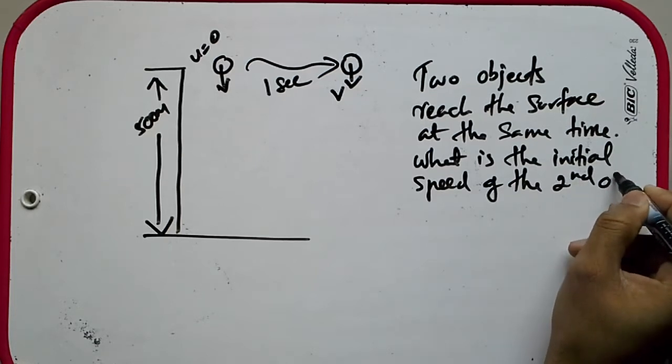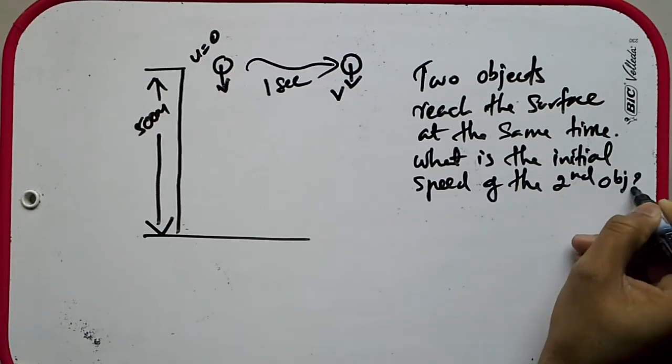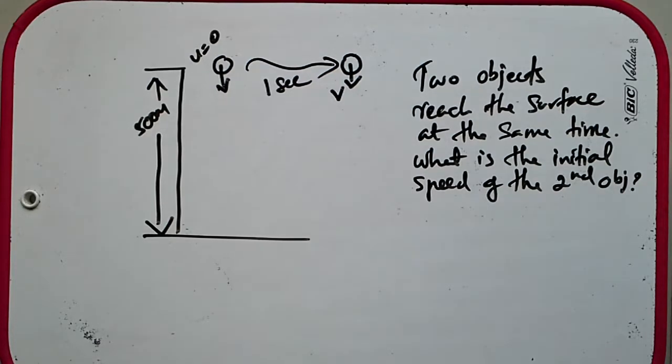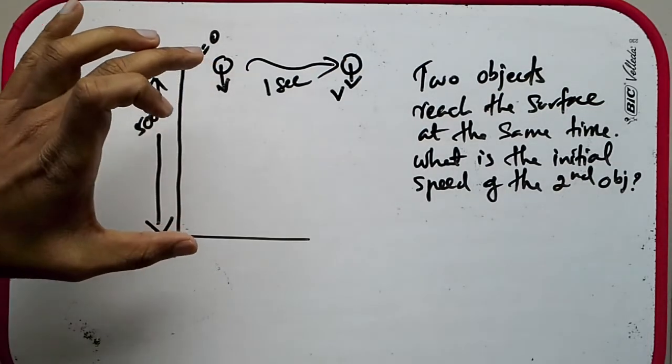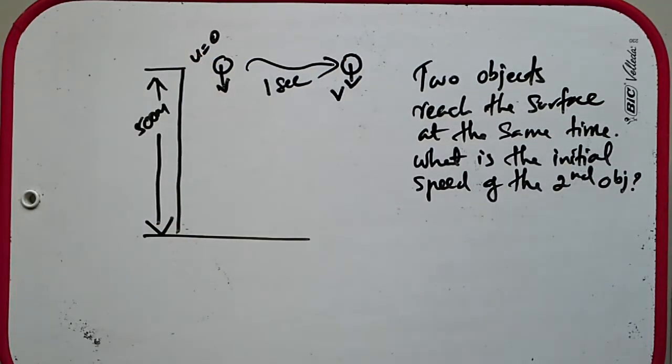Of the second object. Okay, I hope the question is clear. The first object you drop, the second object you throw downward with a certain speed after 1 second.